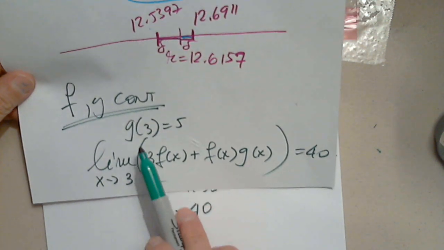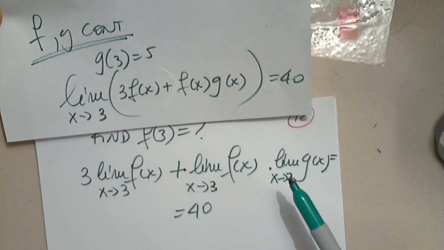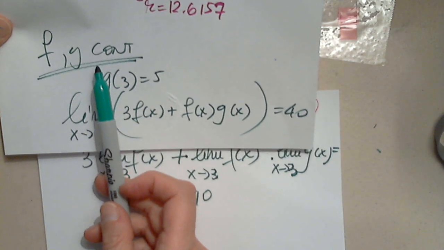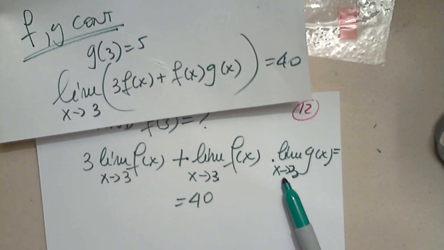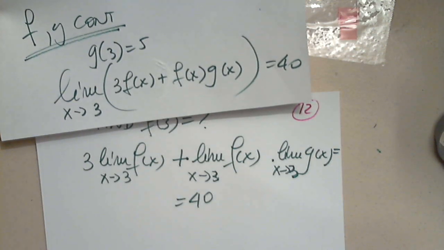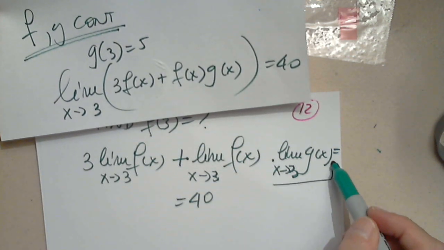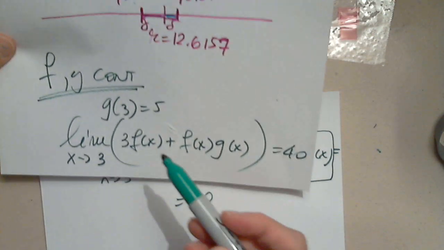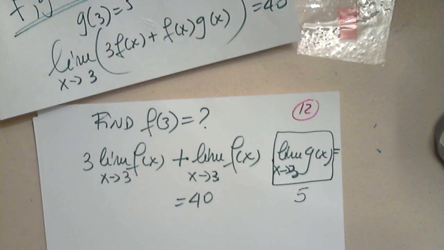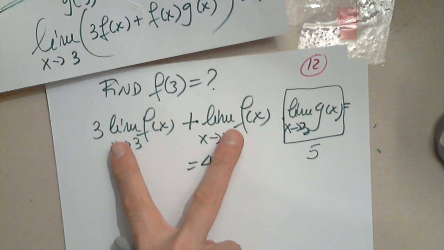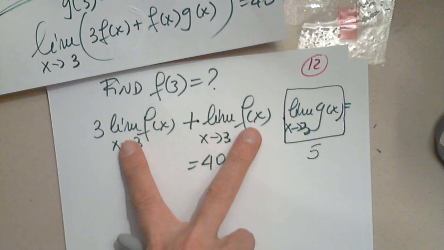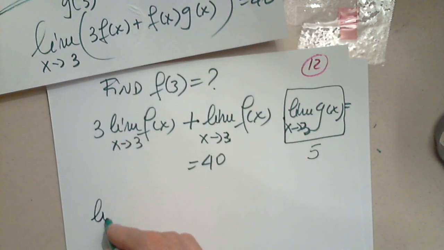We are told that g of 3 is 5. So for a continuous function, when we take the limit as x approaches 3 of g of x, this must be 5. So I will factor out the limit of f of x as x approaches 3 from these two products.